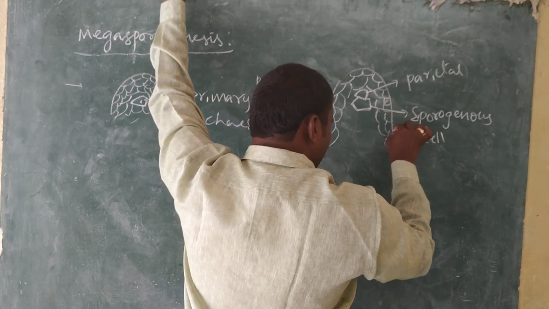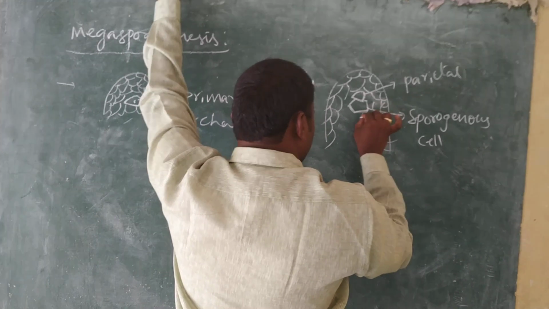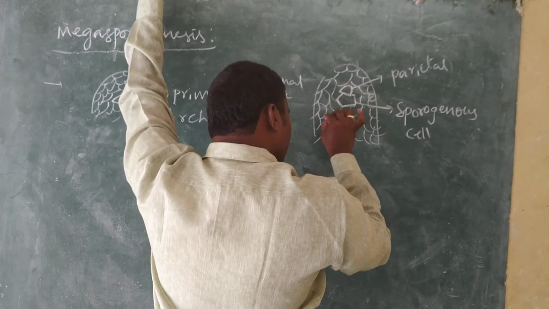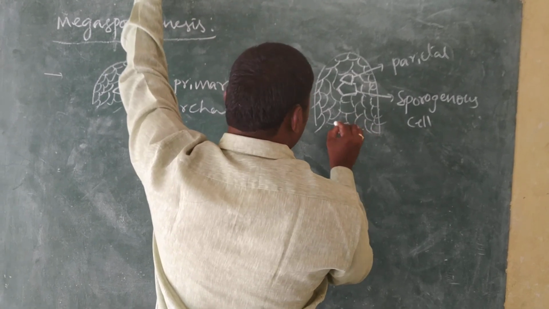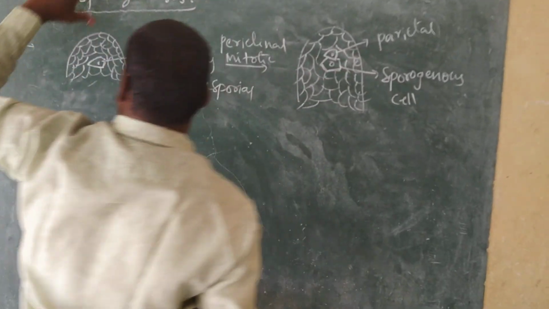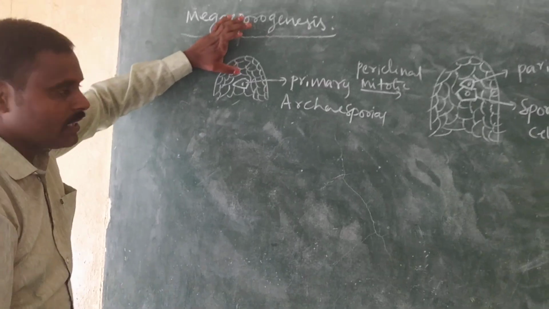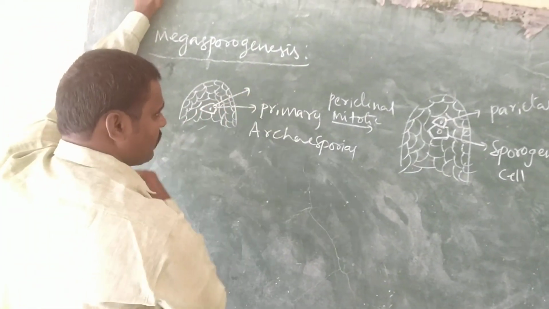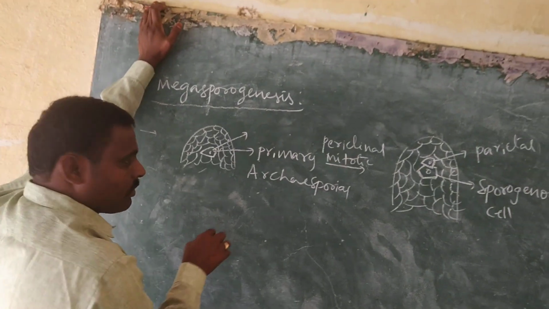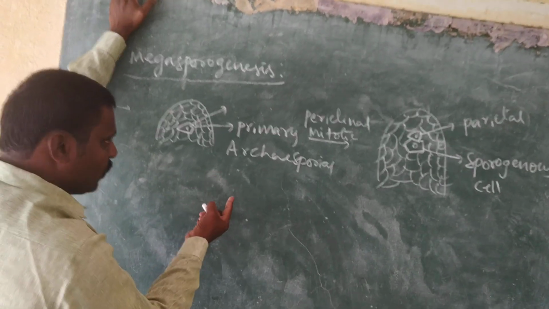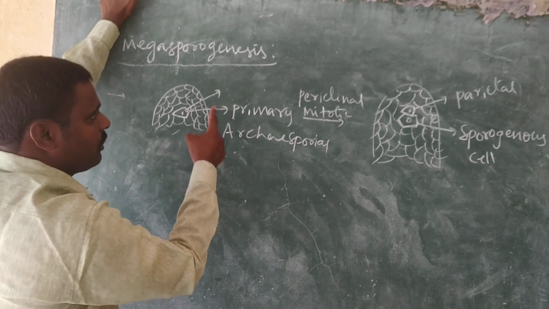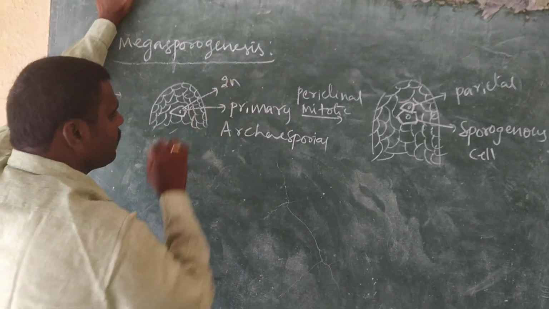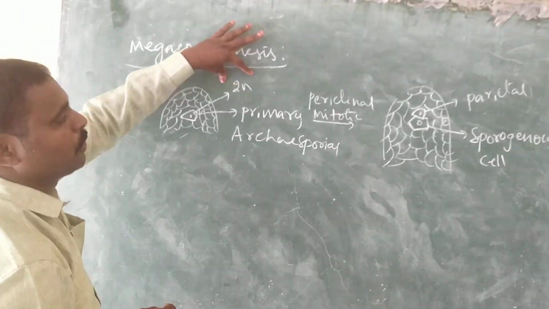Here my question is, what is the ploidy of the archisporial cell, the parietal cell, and the sporogenous cell? The primary archisporial cell develops from the nucellus, which is 2n. So the archisporial cell is 2n.